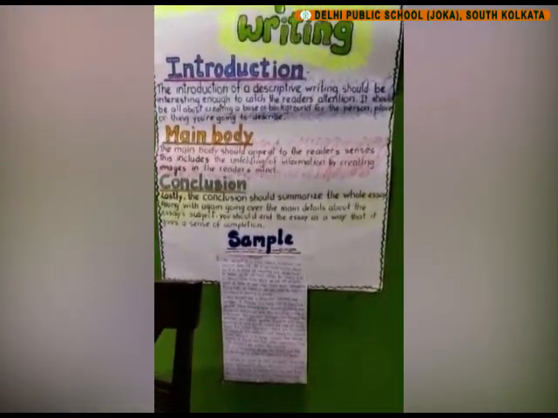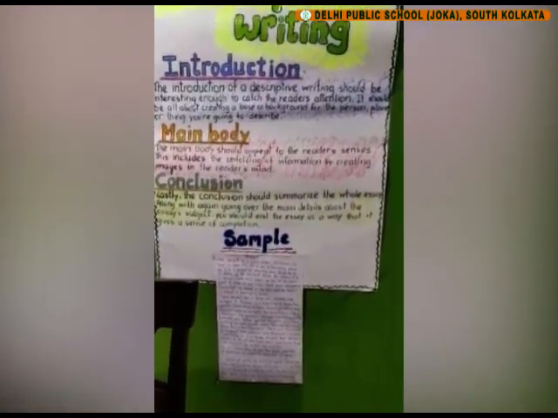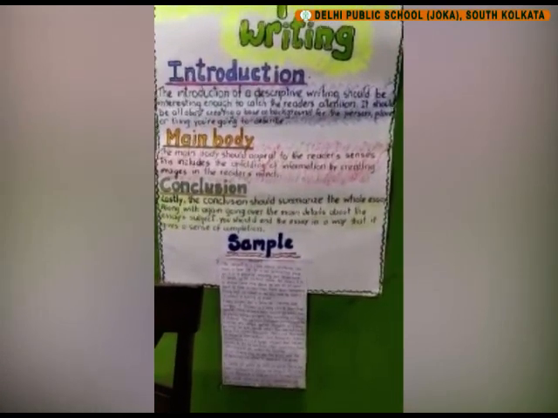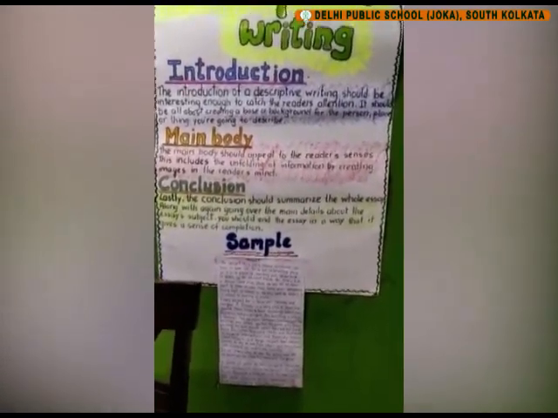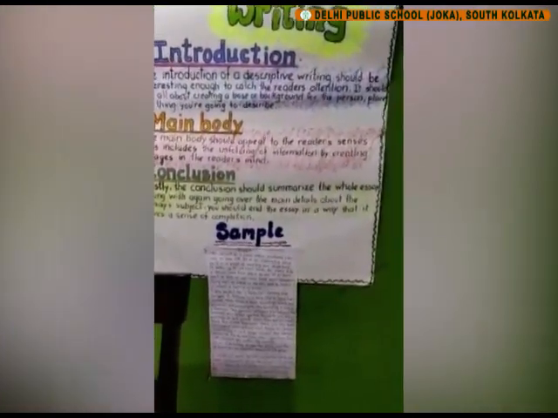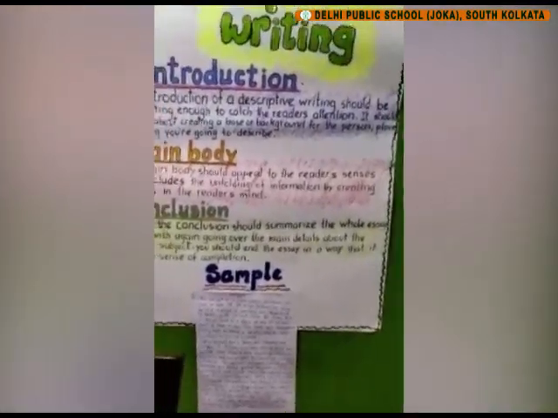Next is the main body. The main body should appeal to the reader's senses. This includes the unfolding of information by creating images in the reader's mind. So the main body is the most important part as it creates images in the reader's mind. How?